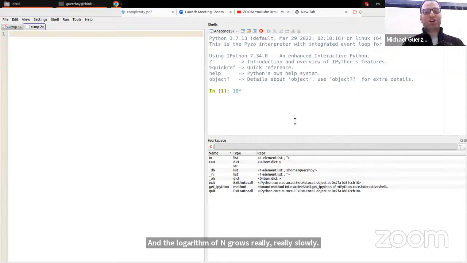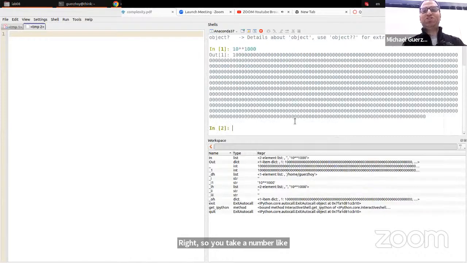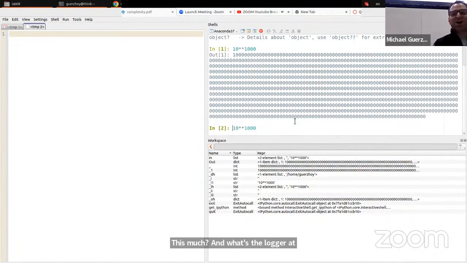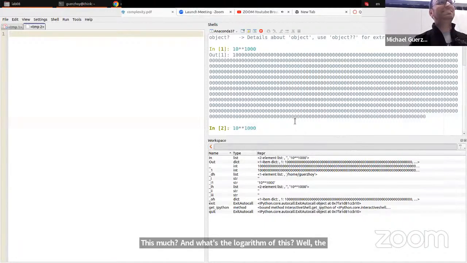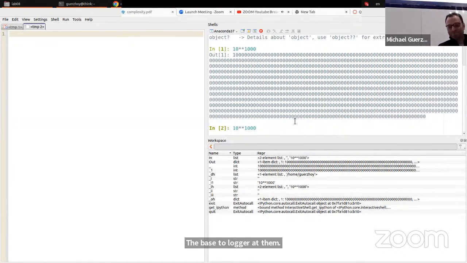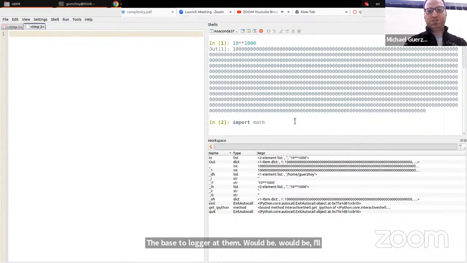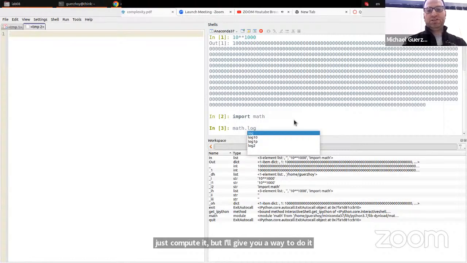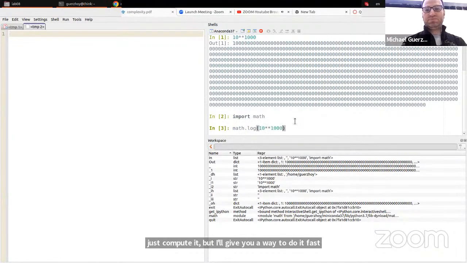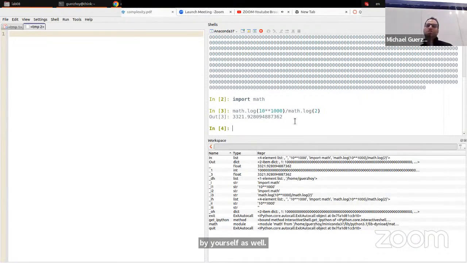So you take a number like this much. And what's the logarithm of this? Well, the base 10 logarithm would be 1000. The base 2 logarithm would be... I'll just compute it, but I'll give you a way to do it fast by yourself as well. This is not a surprise because all logarithms are proportional.